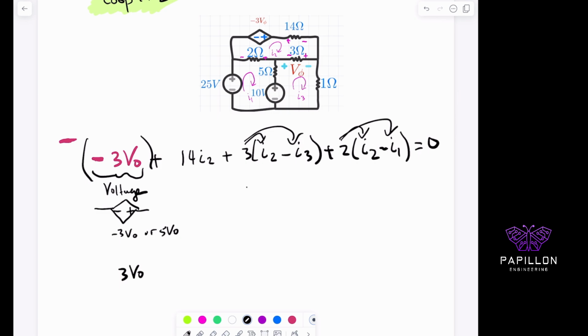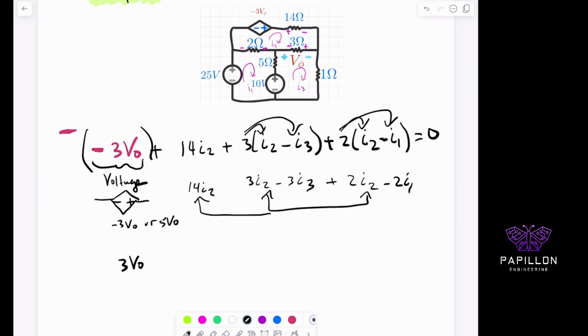So this, of course, turns into 3I2 minus 3I3. This one here is 2I2 minus 2I1. So I have several I2, right? So I'm going to be left with, and I only have one I1.